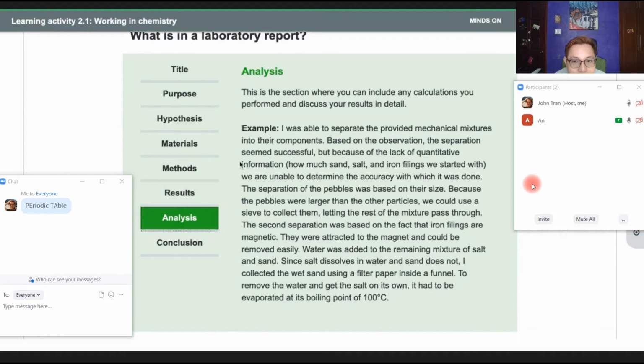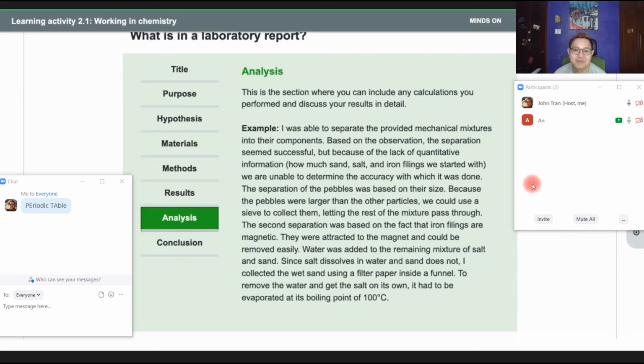Analysis. This is a section where you can include any calculation you perform and discuss your result in detail. Example: I was able to separate the provided mechanical mixture into its components based on the observation.